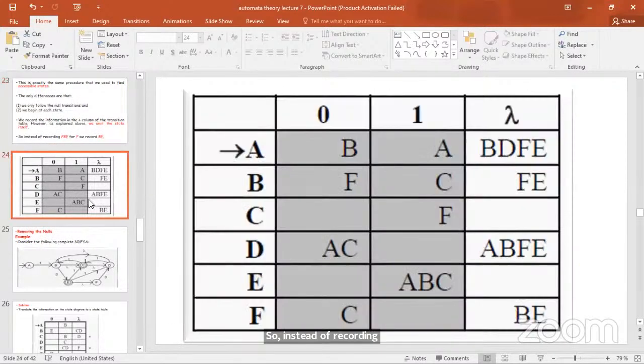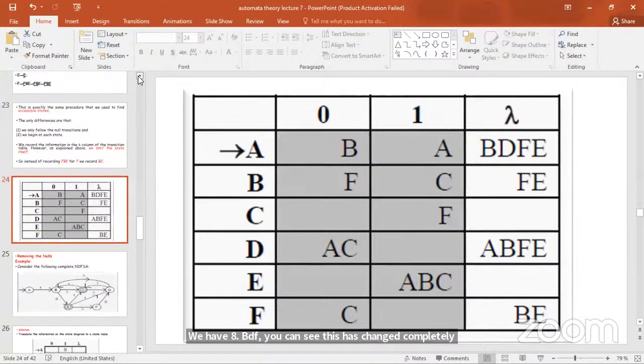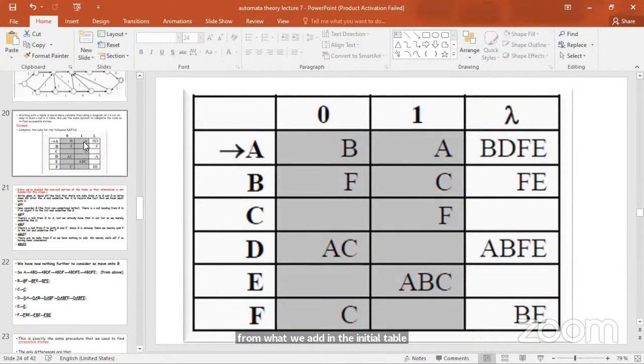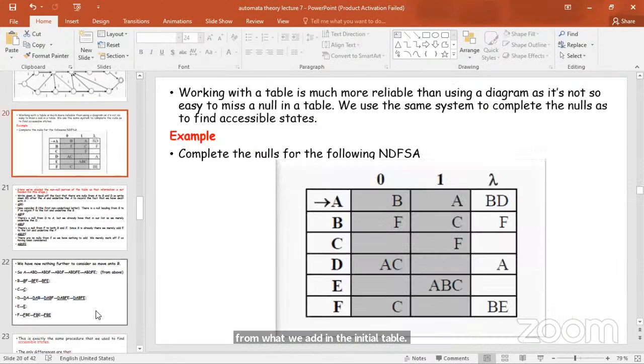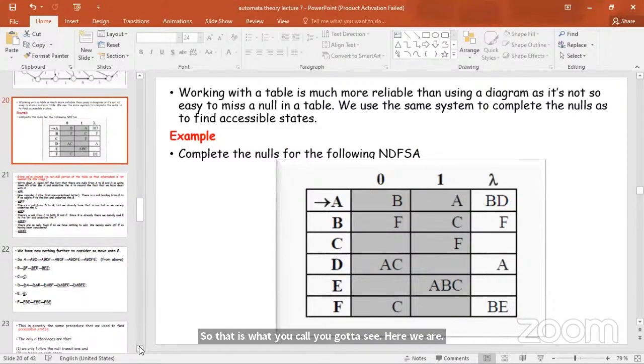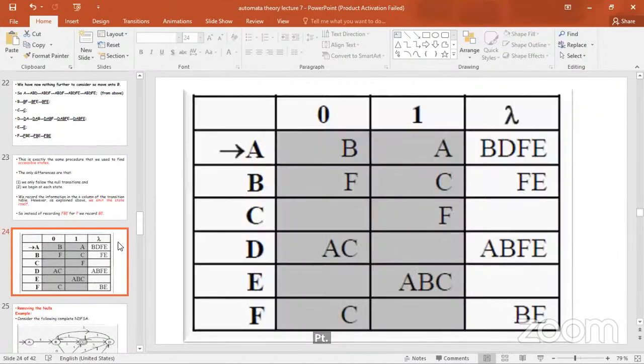So this is what we have done here. We have A, B, D, E, F. You can see this has changed completely from what we had in the initial table. So that is what we call completing the null. You can see here, we had BD, right? But it has changed to what? BDE here because of the calculation we did, right?